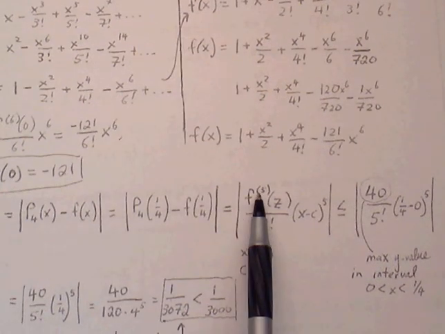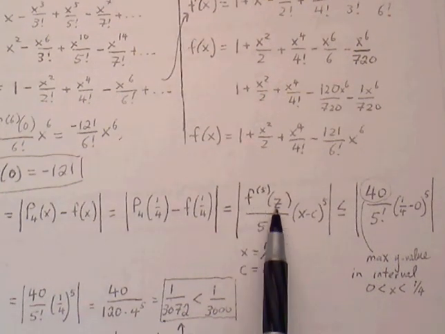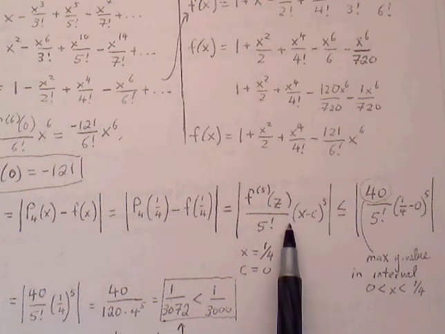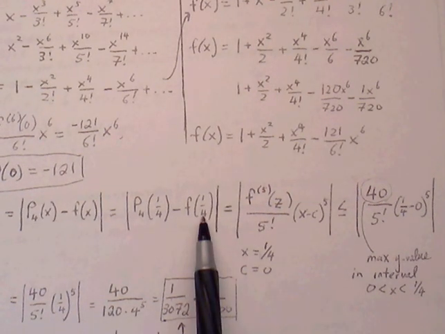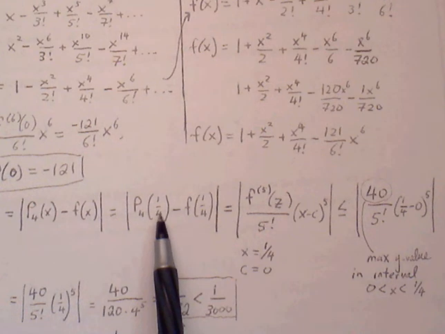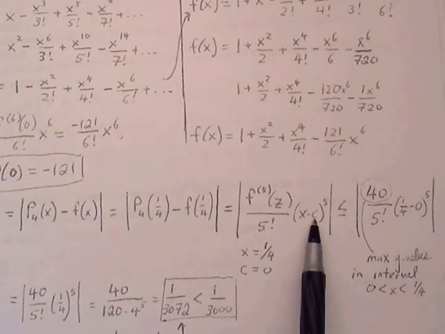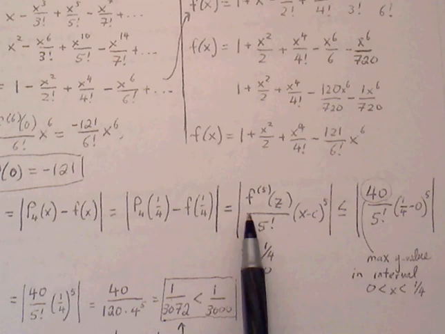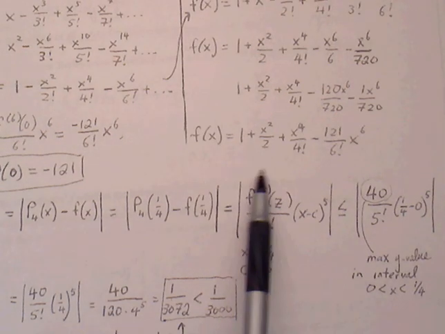We know that we're dealing with the 5th derivative evaluated at z over 5 factorial, x minus c to the 5th. We know that our x value is 1/4, right? That's the x value they give us. Maclaurin series, so our c value must be 0. So 1/4 minus 0. And now the only missing thing is we have to find a safe upper bound for this value.